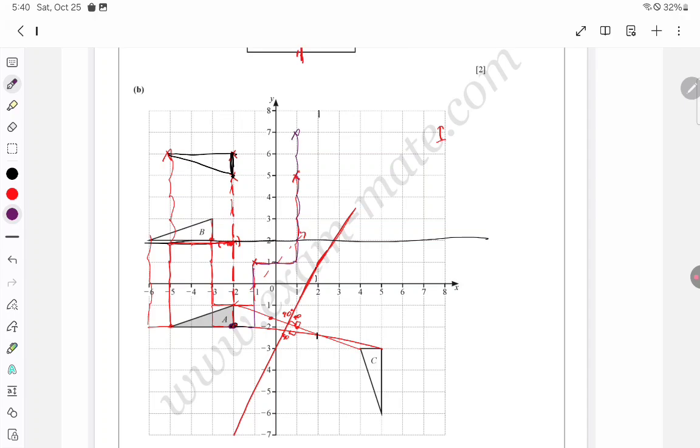And for the third point, 1, 2, 3, and 1, 2, 3, 4. It will become 8, 6.